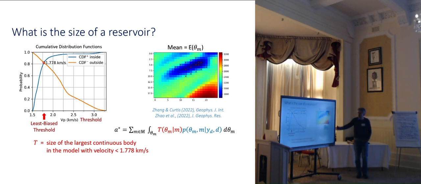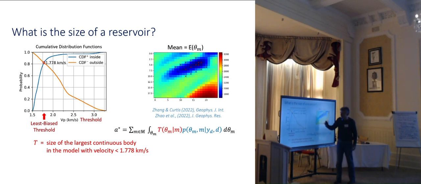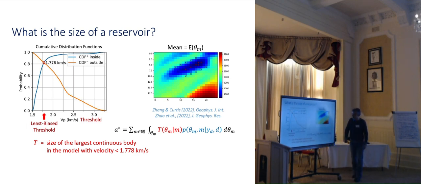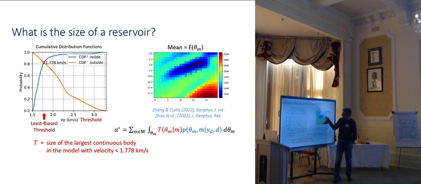So now we've gone through this process just to show you that you have to put some extra information in somehow, which is something about the question that you're answering, but in an unbiased way. So now we've got it solved. We've got the set of model vectors, if you like, the images, that we've got 600 of. We've got a target function which basically says, is any of those cells above or below 1.8 kilometers per second?